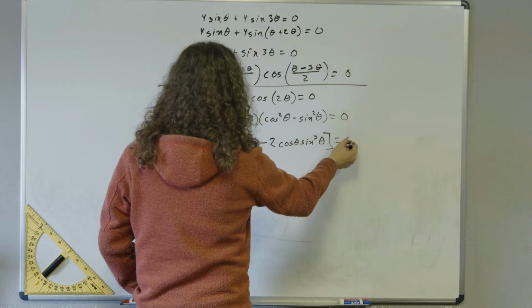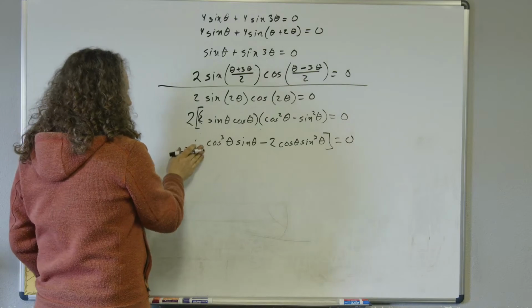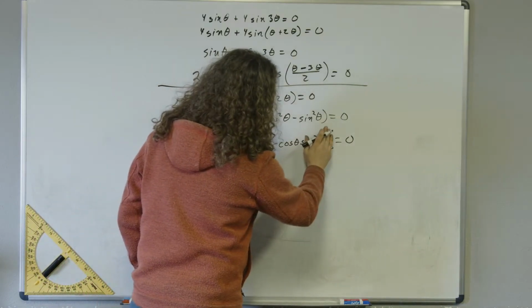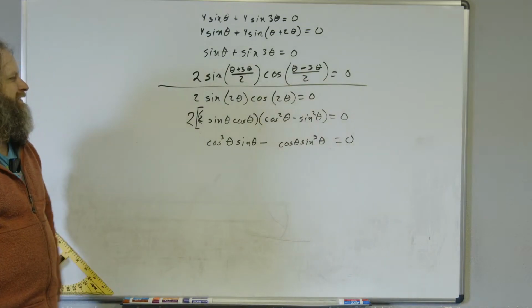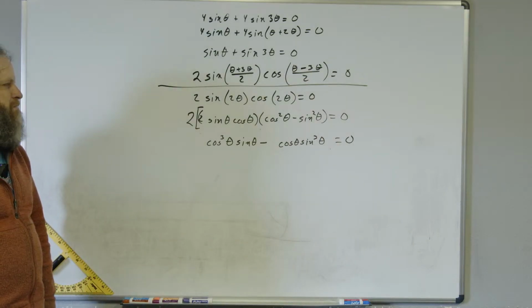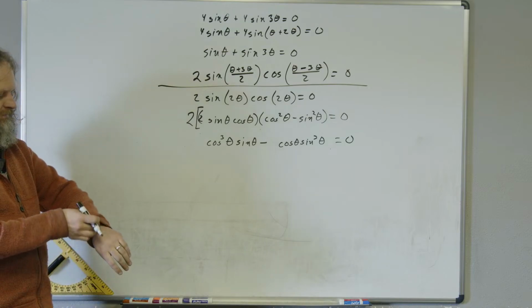And just divide both sides by 2, and those 2's disappear. Gone are the 2's. We can't combine, they're not like terms. No, they're not like terms.